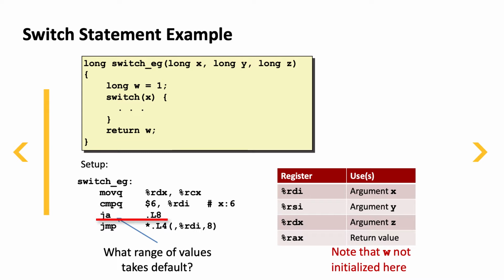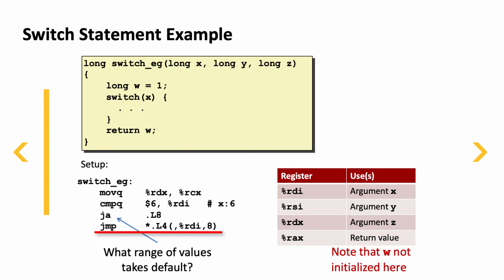Otherwise, we're going to jump to, what's this star L4? Well, it's called an indirect jump, and it's just like a pointer. Okay, so we're going to go to label L4, and we're going to go to a certain displacement. Remember, we have this form that we saw in our last video. Now, this means we don't have a base register. We do have an index register, and we're going to multiply it by 8 because we're dealing with 8-byte words.